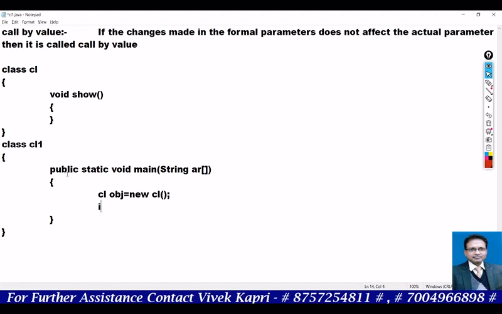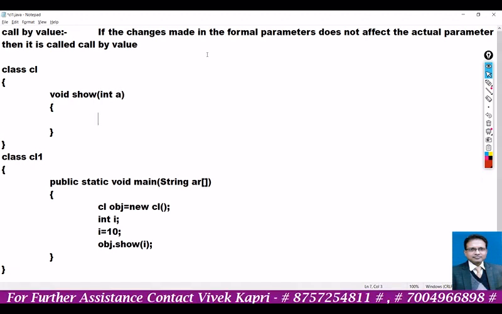Here declare a variable int i equal to 10, and call obj.show and pass the variable i inside it. We are passing an integer type variable, so here one variable should be used. Now change the variable using a++. What will happen here?